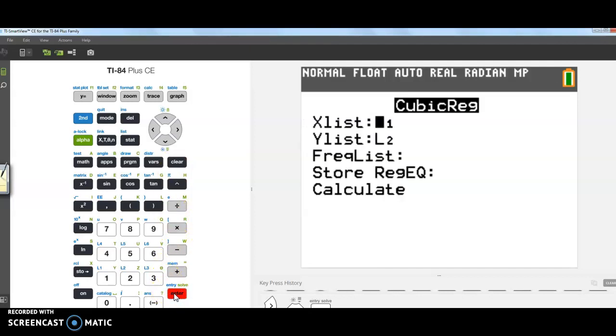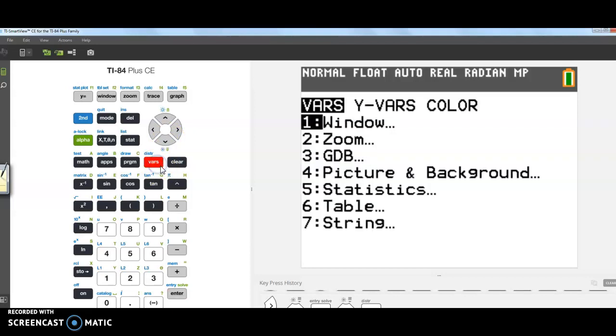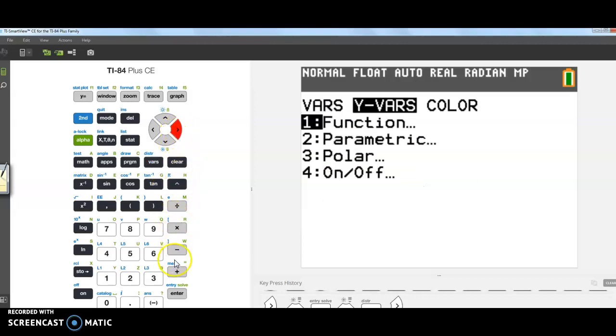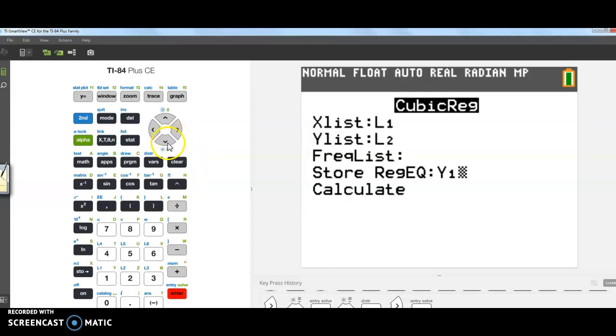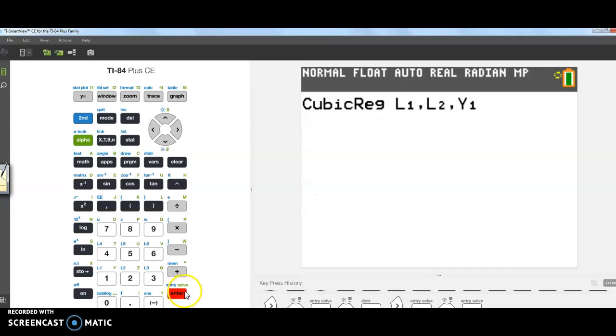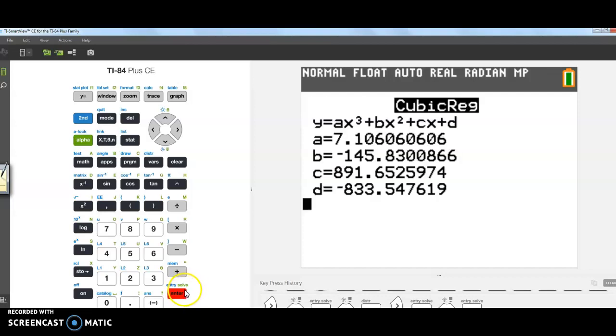So enter. And I am going to store this equation. So where it asks me to store it, I'll use vars, y variables, function, and store that in y1. And so I continue going, and I calculate that. And here is my equation.